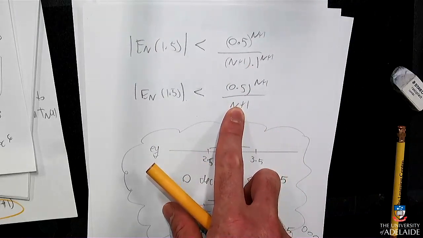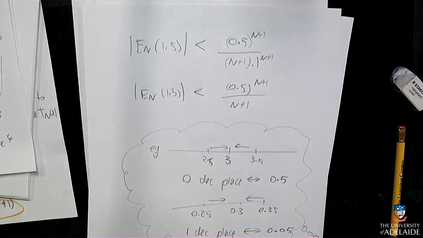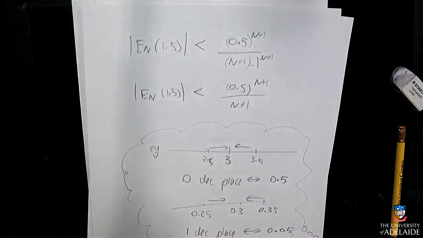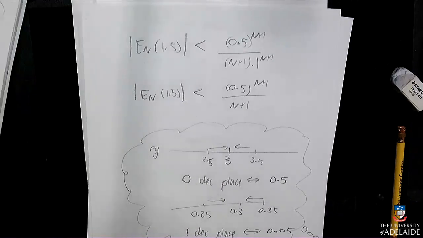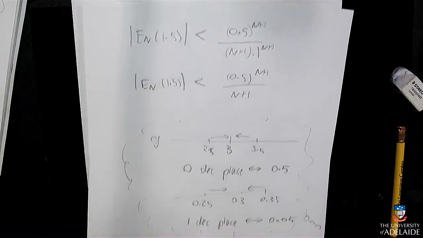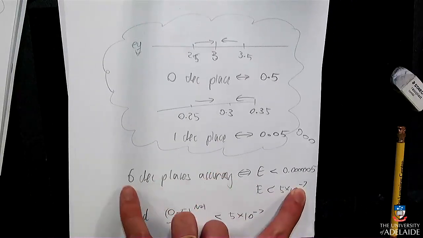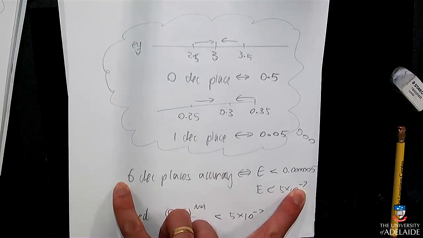And this I had to arrange to be less than 6 decimal places of accuracy. And I can never remember that. I know it's 5 times 10 to the minus something, and it's 5 times 10 to the minus one more number than the decimal places accuracy you want. Because if you need it to be accurate in the 6th decimal place, then you need the 7th decimal place to be under 5, so that it doesn't round up to the wrong number.